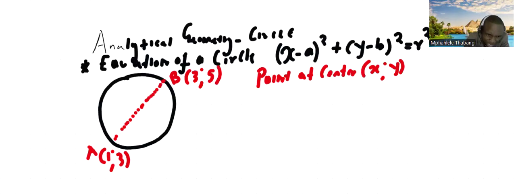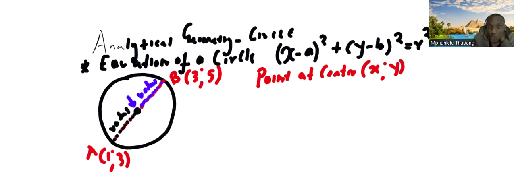The point at the center is the midpoint of AB, because AB is a diameter: the line from the center to A is a radius, and the line to B is a radius. So this point is exactly at the middle of AB. The central point is the midpoint of AB.